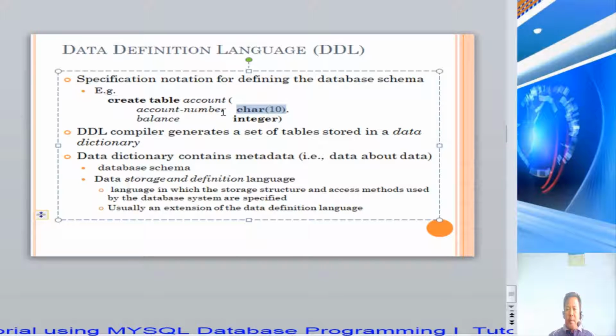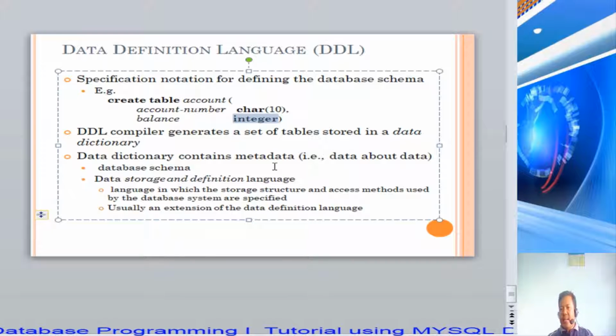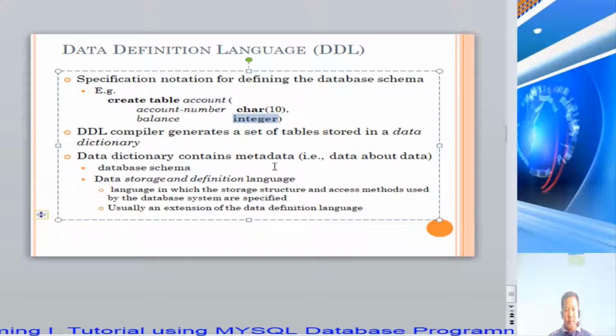So how are you going to describe account number? Account number should have a character data type with a maximum of 10 characters. Balance is an integer. When we talk about integer, that talks about numbers. Meaning, when you create a table, you have to specify what particular fields you are going to incorporate in that table and what data you are going to put into each field.